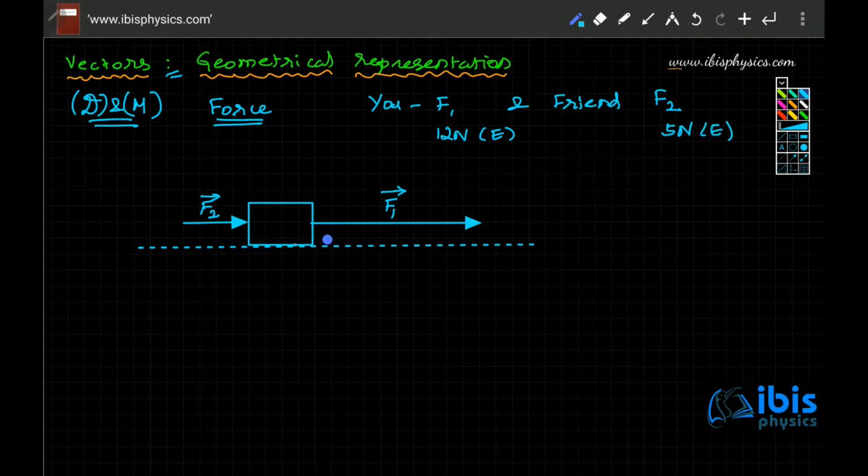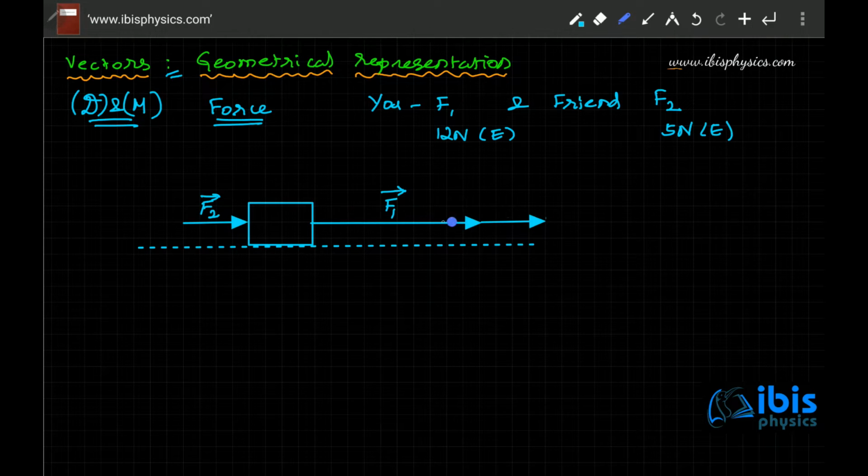Now what is the effect of these two forces? The effect of these two forces means they add together. How do you add one vector to the other? You just take this vector and add it to the original vector, and you will get the total vector. The total vector is from the tail of this to the head of that.